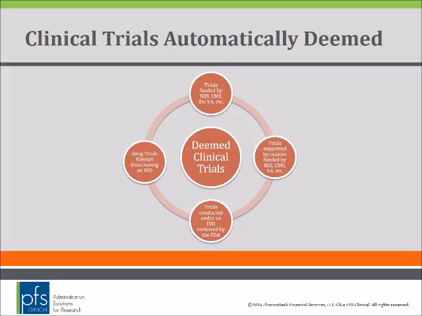For example, if a trial is funded or supported by government agencies such as the National Institutes of Health, also called the NIH, or a trial is considered deemed if it's conducted under an Investigational New Drug Application, also called an IND, reviewed by the FDA, in which you would receive an IND number showing your trial is deemed. As long as the clinical trial meets these criteria, then it's considered a qualified study and will be able to receive Medicare coverage.